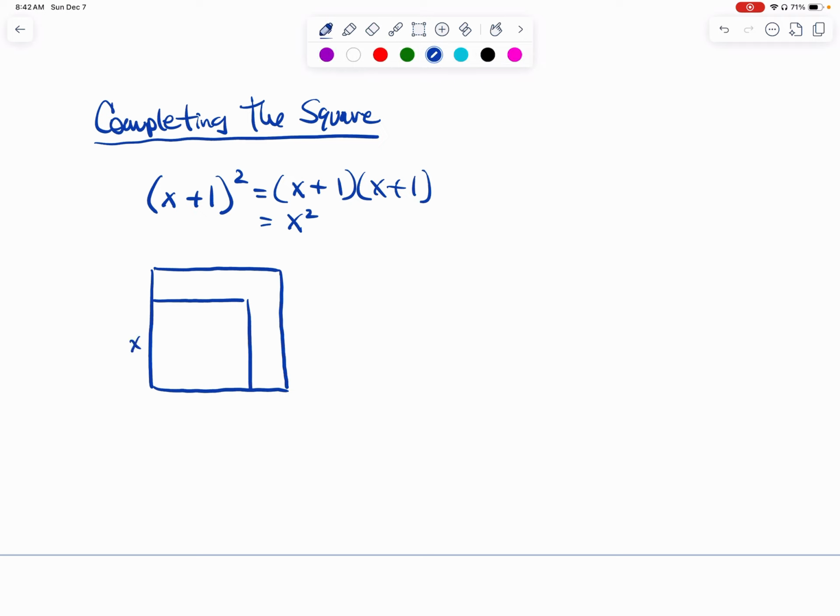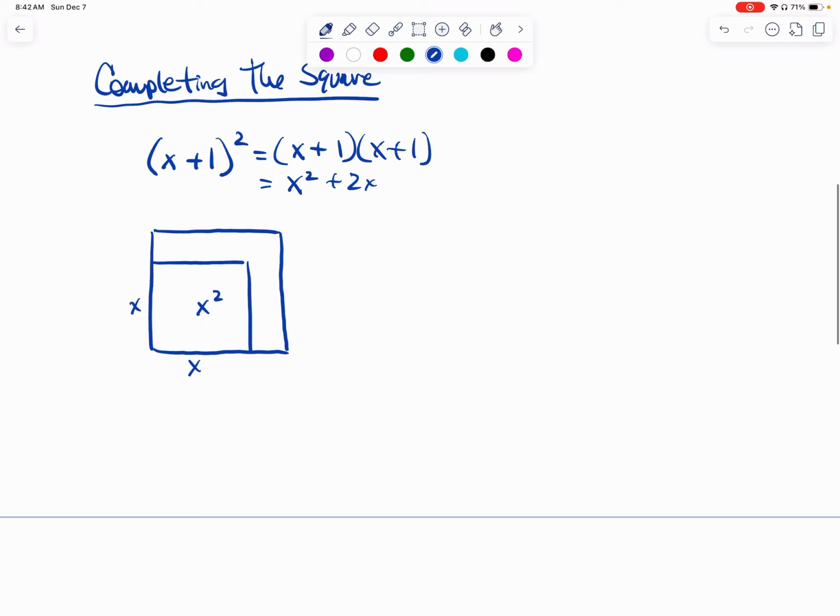And this little piece is x by x, meaning that the area of that square is x squared, okay? And then whenever I do my outside, that's 1x, plus my inside, that's another 1x, so plus x. Those two together, 2x, obviously. So where are those on our diagram? So right here, this is a 1 times x, which gives me 1x.